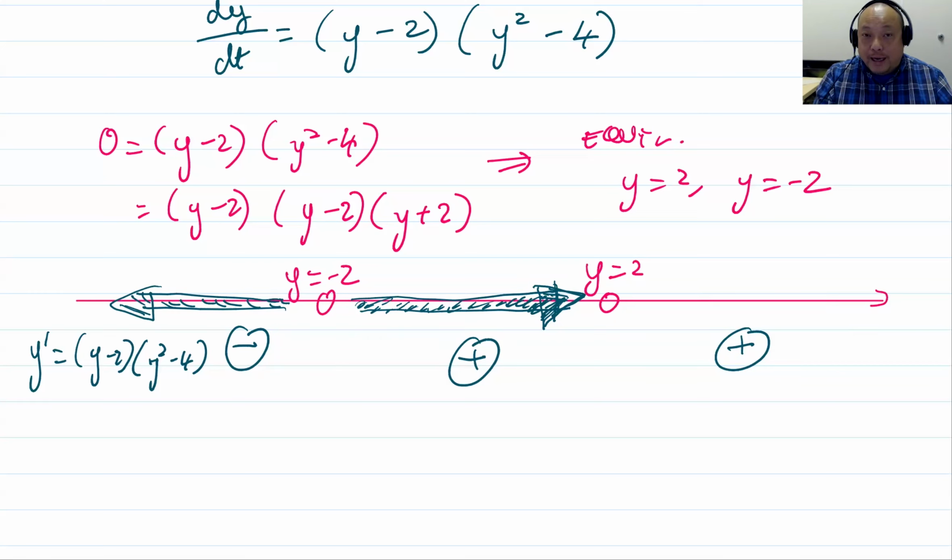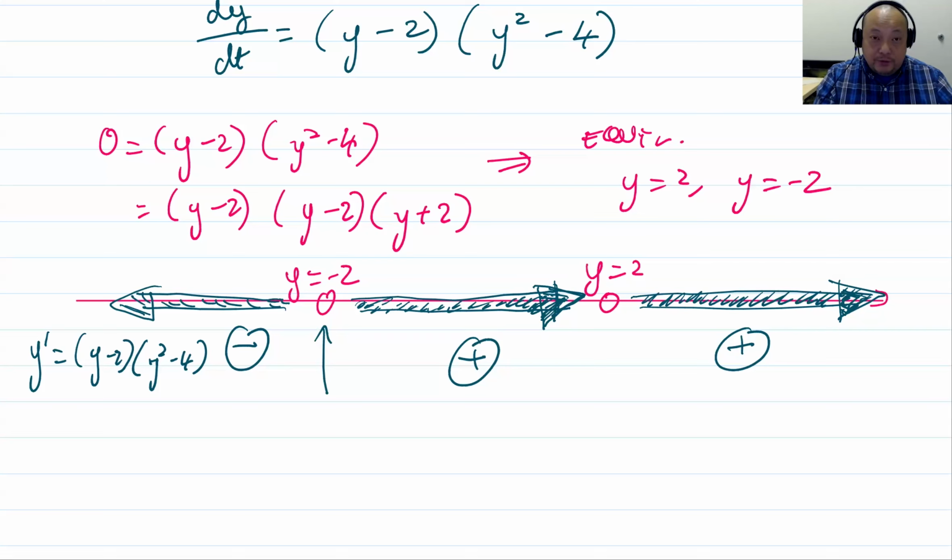And for the interval of y greater than 2, y prime is positive, arrow pointing to the right, to the increasing direction. What does this say about stability?